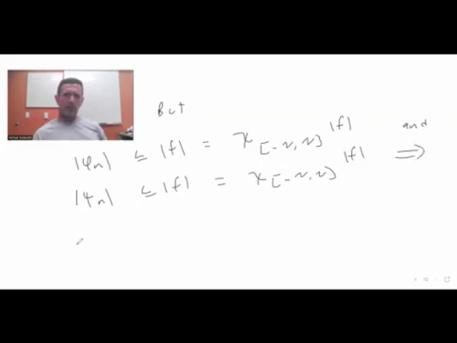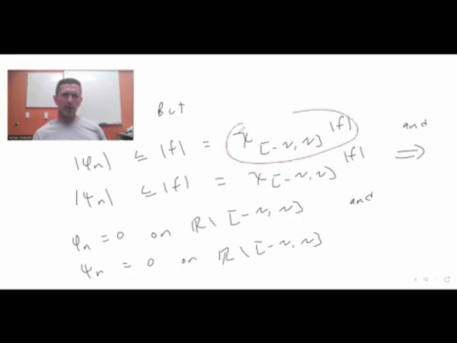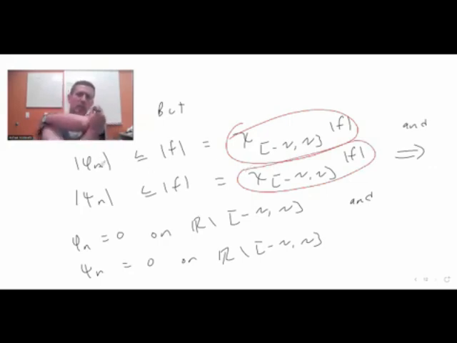Okay, so that means this equals 0 on R take away minus n to n. Same thing for psi. Because simply if we're away from minus n to n, then this is 0. So if we're away from minus n to n, these two that I'm circling are 0. And so the absolute value of varphi n is less than or equal to 0, so it's got to be 0.